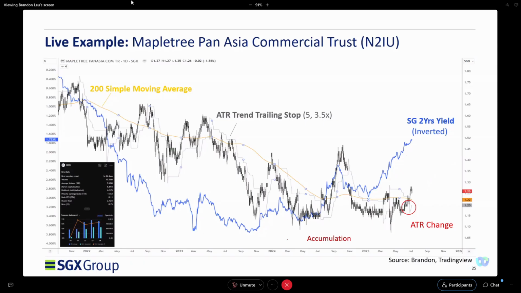And the price is currently going through an accumulation because it's crossing above. But we see that because of this underlying fundamental reason, there's a potential that the Mapletree Pan-Asia Commercial Trust could trade higher. Our stop would be at a gray line of 120.